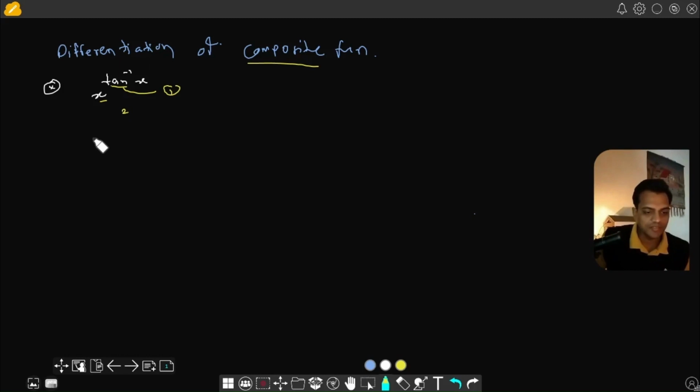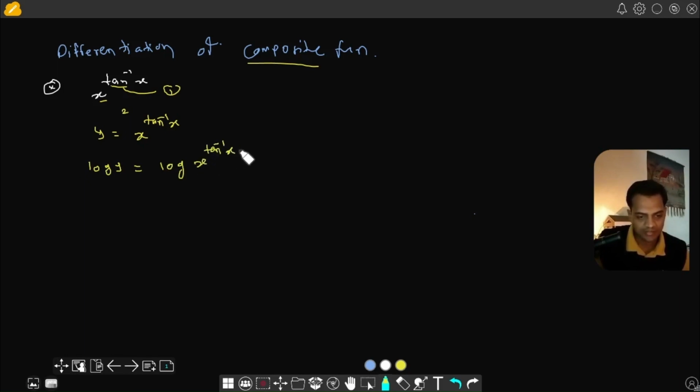Now if I equate this to y, so y is equal to x raised to tan inverse of x. In order to bring this tan inverse of x into multiplication with the x, I have to apply the log. So whenever I apply the log on both sides, it becomes log of y, and this expression becomes log of x raised to tan inverse of x.